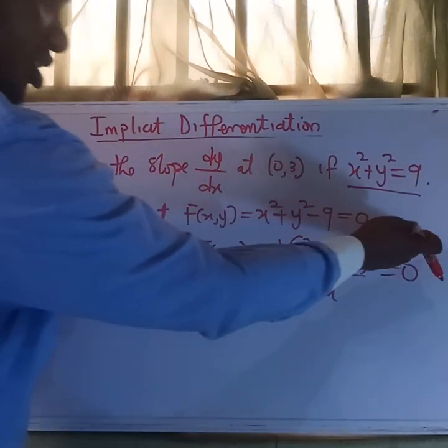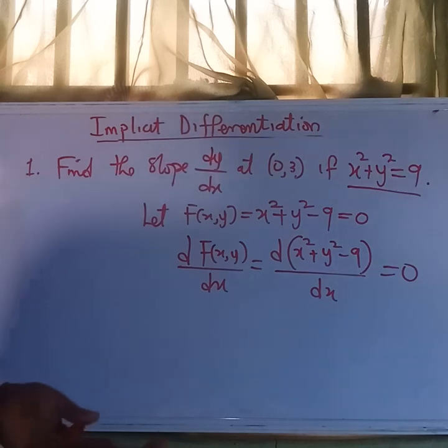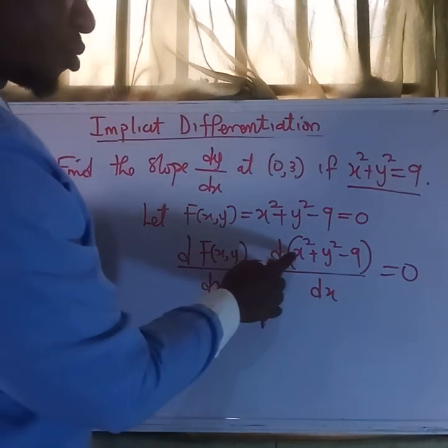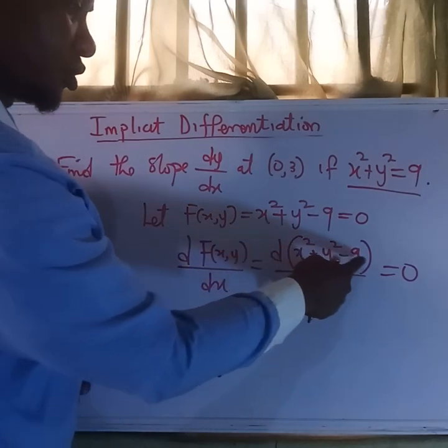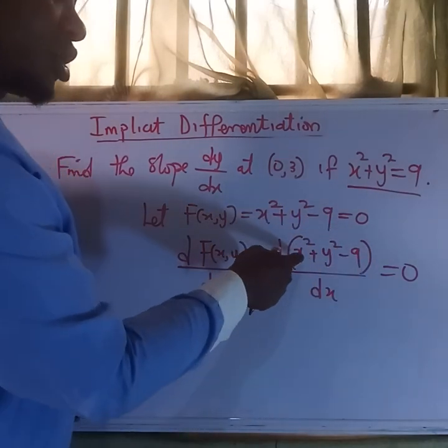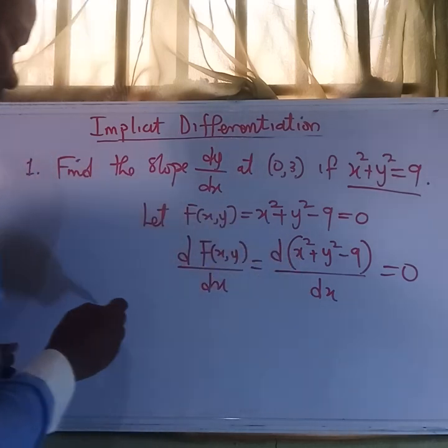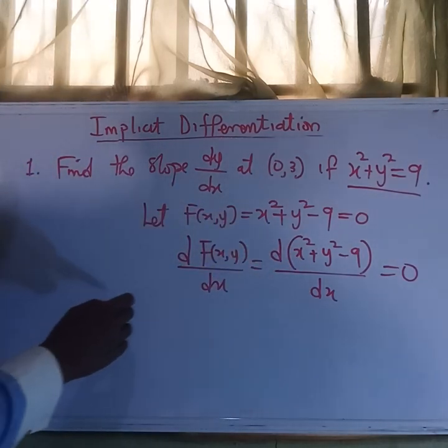If we differentiate 0 with respect to x, that will be 0. From here, we will apply the sum and difference rule, since we want to differentiate all the terms here with respect to x. So this can be split into this form.